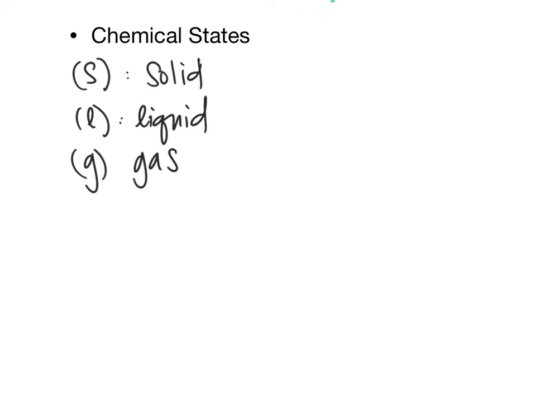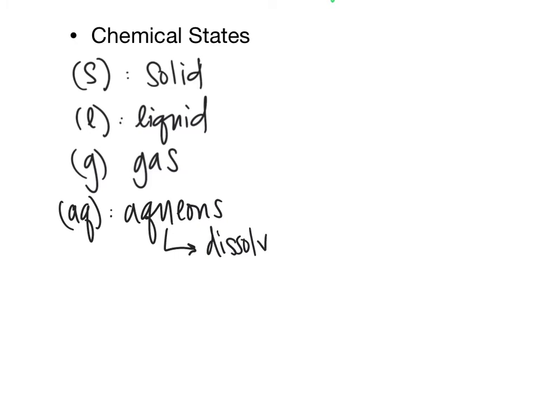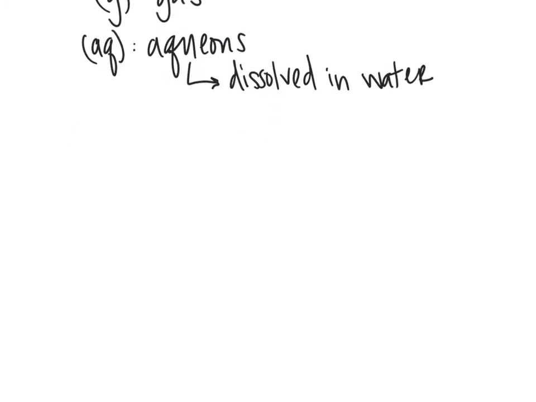In Gen Chem 1, we're actually going to see a lot of AQ, which means aqueous, which is super fancy chemistry speak for dissolved in water. The only other symbol that we're going to see occasionally is actually this triangle, which means we added heat.